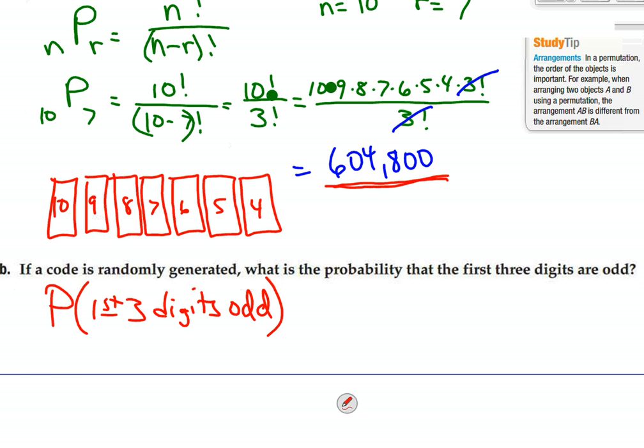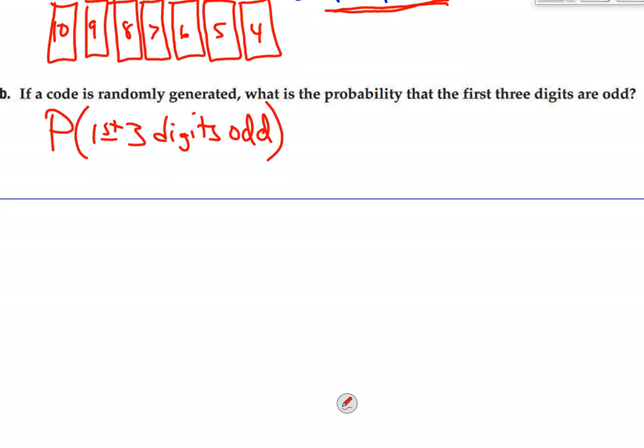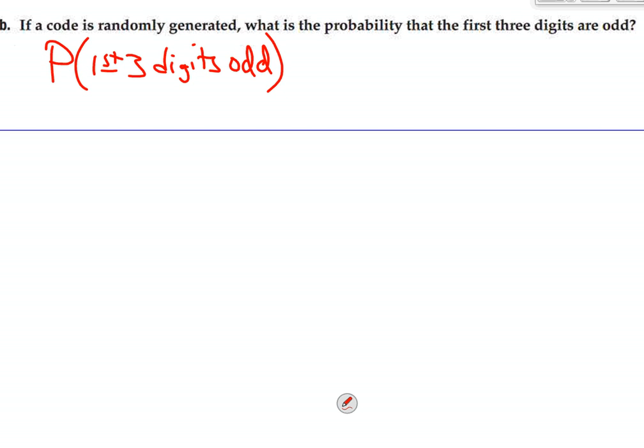We didn't find the probability of anything yet. So we haven't found any probability, but we know our total possible outcomes. And when I do probability, I always think of it as a fraction, wins over total possible choices, right? Does that make sense? Wins over total possible choices.